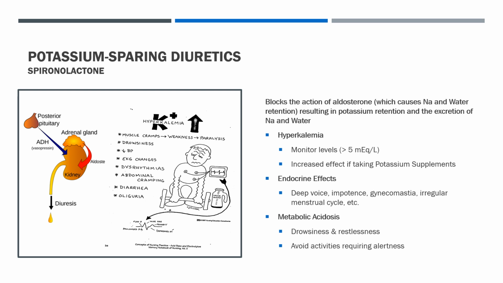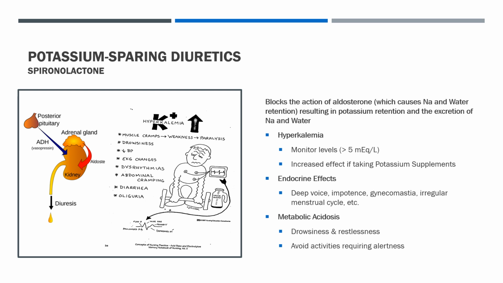Potassium-sparing diuretics such as spironolactone. These block the action of aldosterone, which is produced by the adrenal gland on the kidney. This causes potassium retention and the excretion of sodium and water, which is diuresing. So here is the opposite of hypokalemia: it's hyperkalemia.